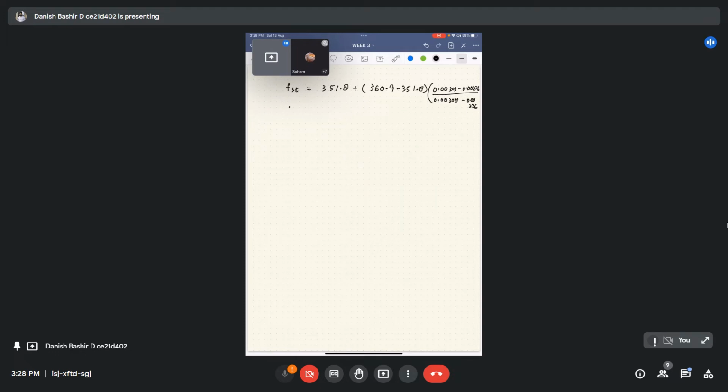When we calculate this, FST is equal to 354.2 megapascal. You have to use the interpolation formula.